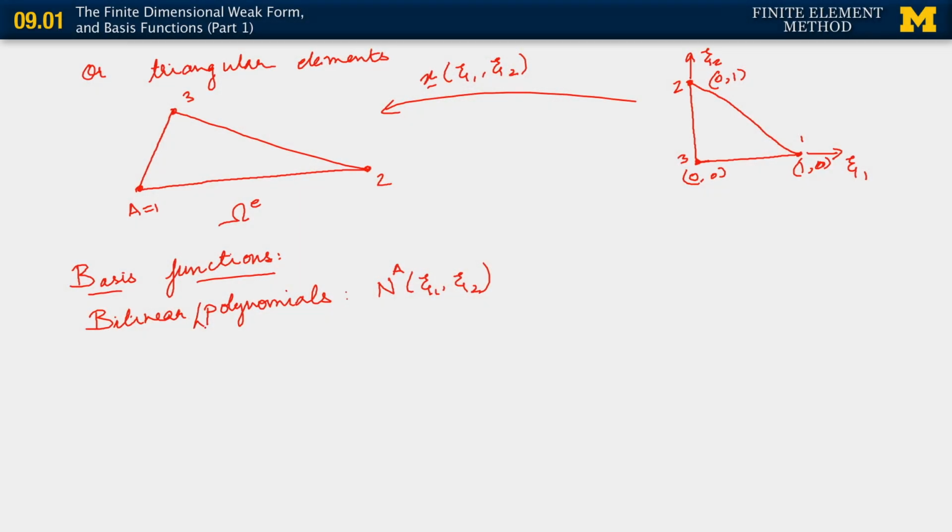We've also looked in one of the previous segments at the generalized Lagrange polynomial formula for this, right? So these are bilinear Lagrange polynomials, right? In this case, A runs over 1 to number of nodes in the element, and here number of nodes in the element is 4.